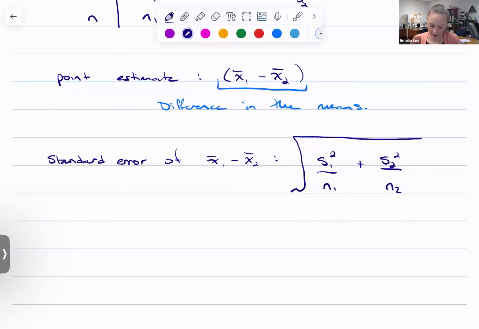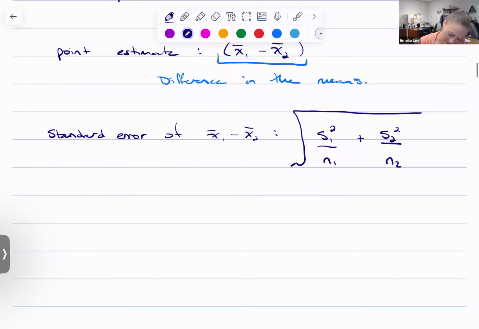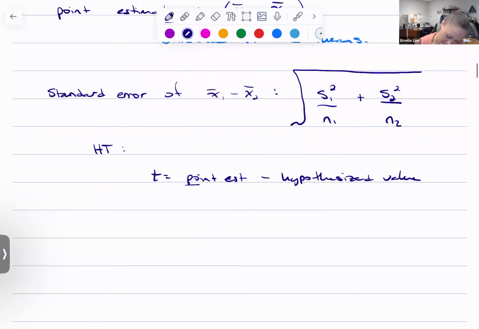Why is that nice? Well, because if I want to do a hypothesis test, my test statistic, t, is the point estimate, minus the hypothesized value, which we don't know yet, but I think you can get there, over the standard error of the point estimate.